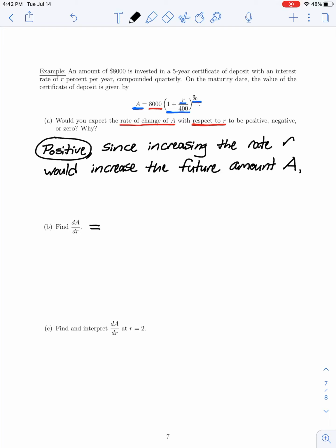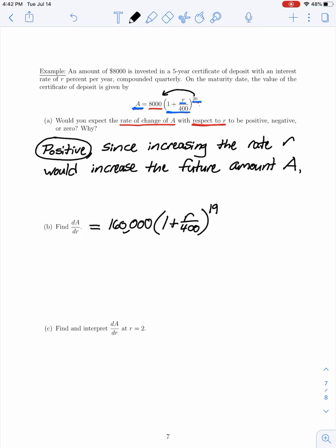So we can take our exponent 20 and bring it out in front. And when we multiply by the 8,000 that we already have in front, we would have 160,000 times our inner function, 1 plus r over 400, now raised to the 19th power.